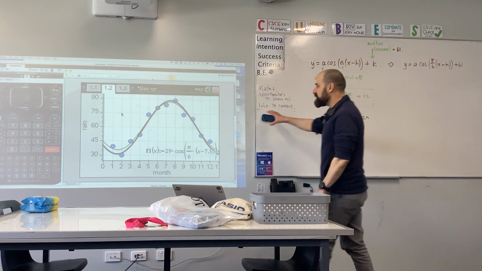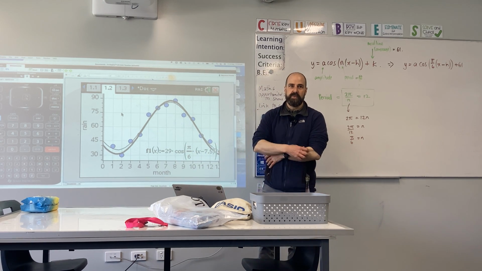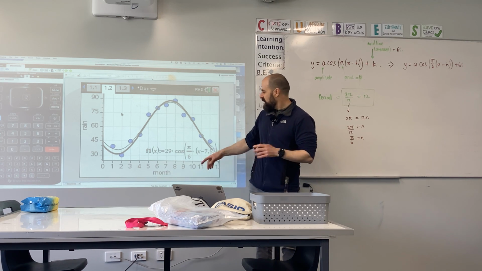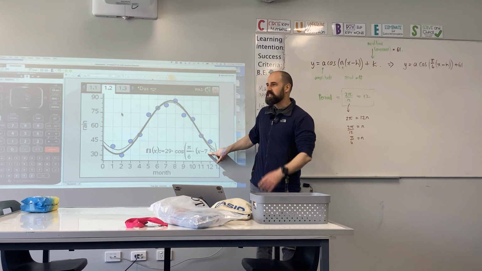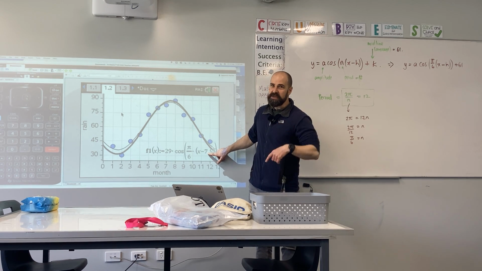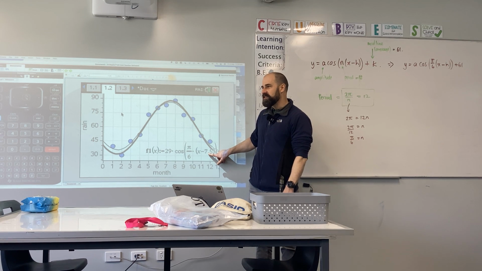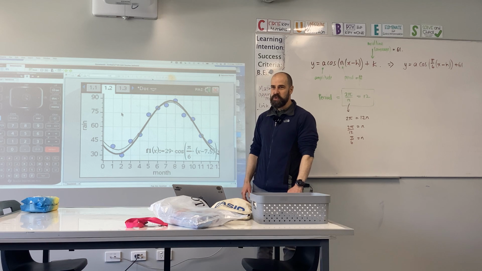Because you can just be using your calculator and trial and error to try and make things work as well. And then sort of reverse engineer it. Just come up, 7.5. 7.5 looks really good. That was just a lucky guess. But now I'm going to tell Mr. Boot that I chose 7.5 because it's the middle of July. And it sounds like you did it on purpose, but it's just a really nice talking point. Cool?